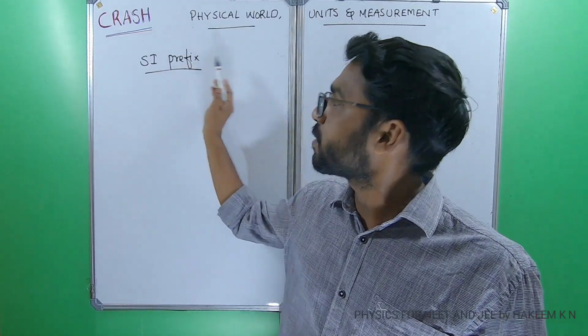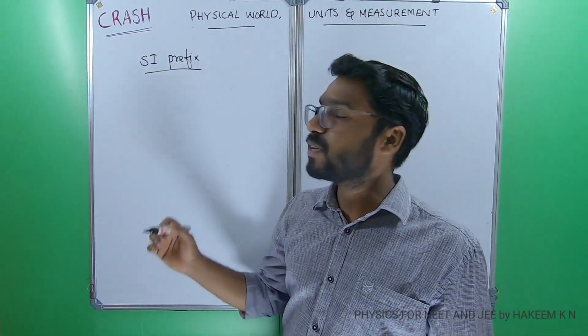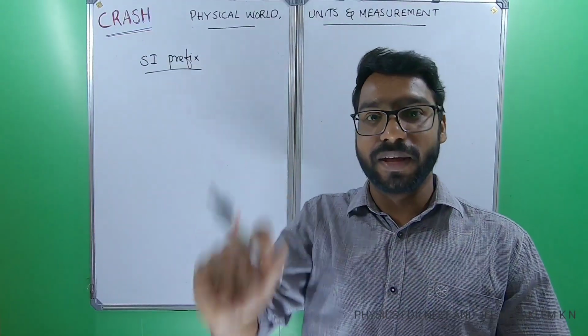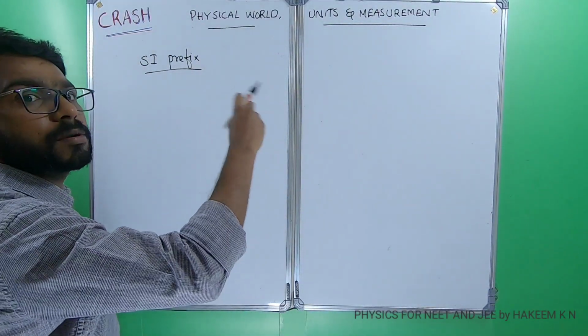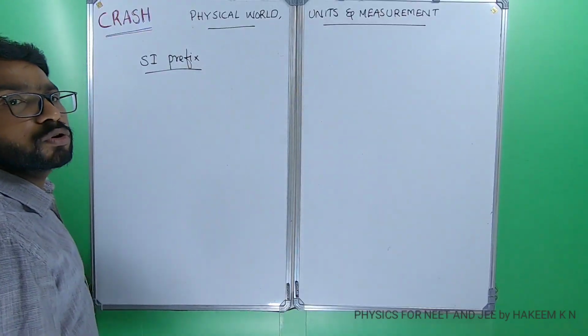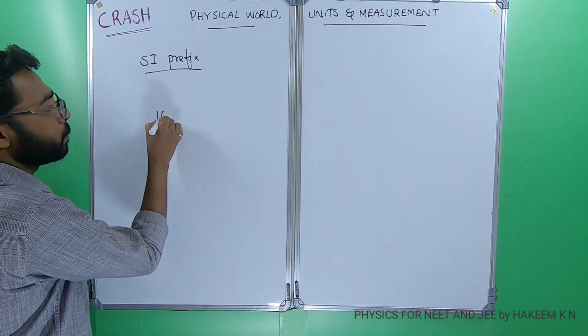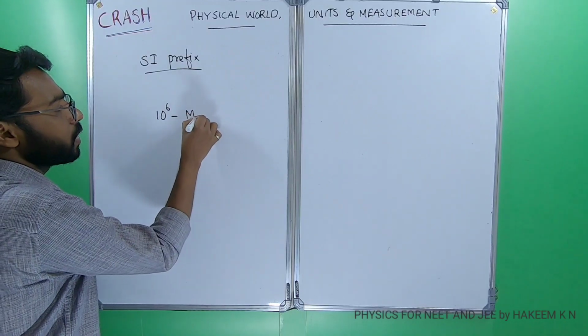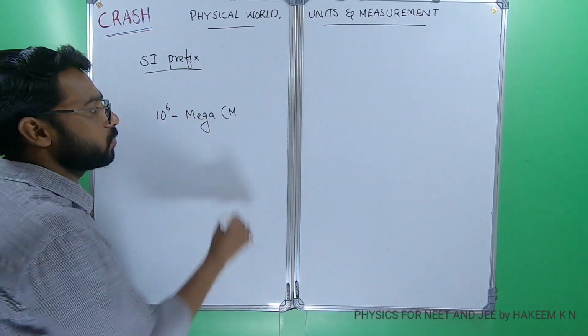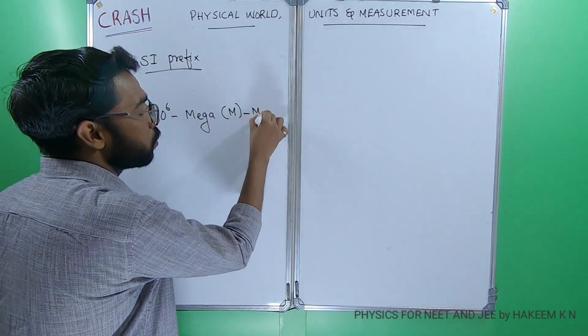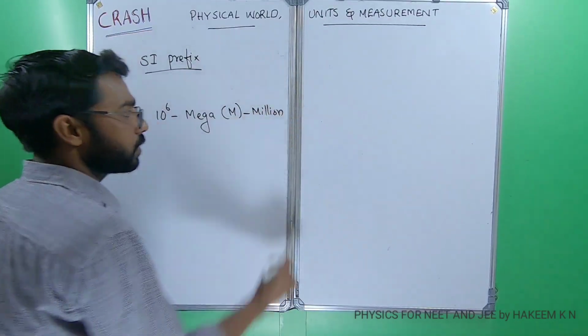Now SI prefix. SI prefix means powers of 10. Normally we use powers of 10 while writing the numerical value of a quantity. Like that, 10 power 6 is mega, we write with the capital letter M. Mega is also called million.